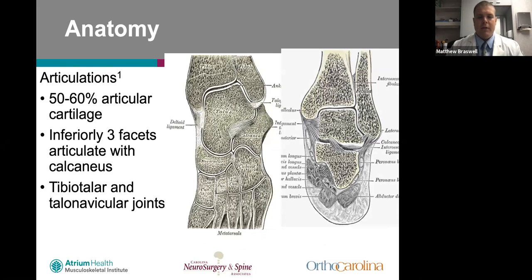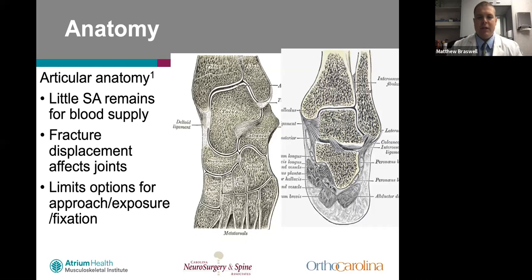The real story of the talar anatomy is the articular surfaces. So that it's greater than 50%, depending who you read, somewhere 50 to 70% articular cartilage. Inferiorly, there's 3 facets that articulate with the calcaneus and the subtalar joint, as well as we know, the tibiotalar and talonavicular joints. This unique articular anatomy leaves very little surface area for perfusion, for blood supply.